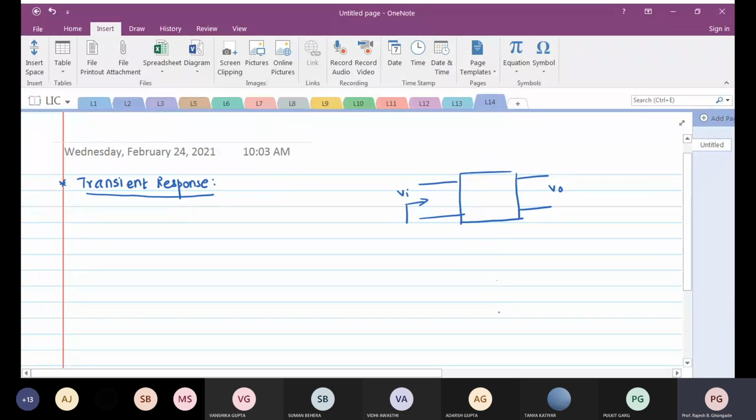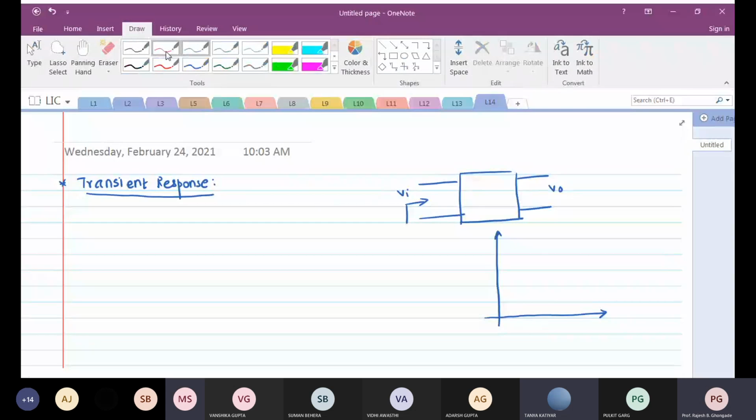So how does the output look like, or how does the circuit respond to the stimuli is what is known as the response of the system or the circuit. Okay, up to this point? Yes, sir.